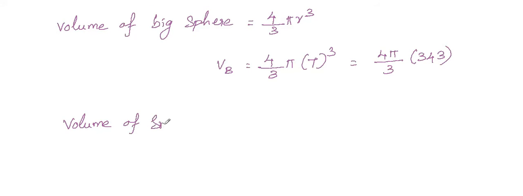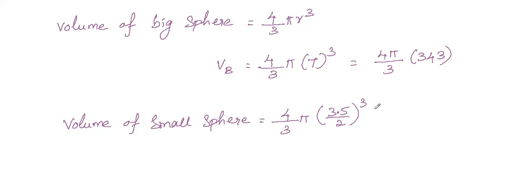Now find the volume of the smaller sphere. 4 by 3 into pi, r is 3.5 by 2 whole cube. So we'll get 4 pi by 3, 3.5 whole cube becomes 42.875 and 2 cube becomes 8.